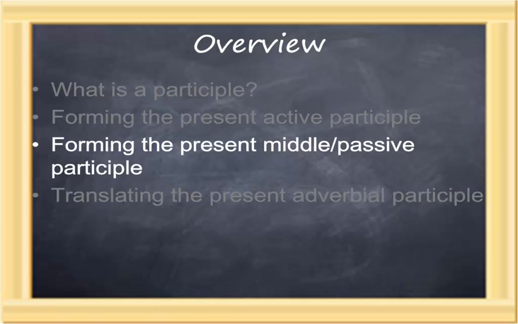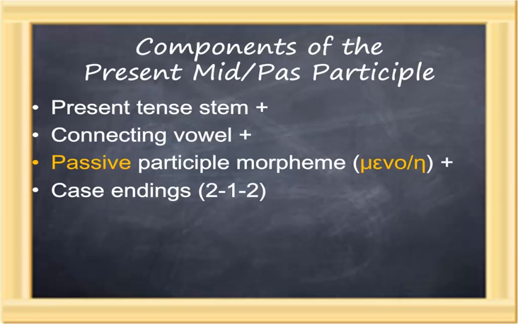Forming the present middle passive participle. The present middle passive participle is formed by putting together four components: the present tense stem, as previously, and a connecting vowel. What's new in this form is the use of the passive participle morpheme, menos or mene, and then case endings according to the 2-1-2 pattern.